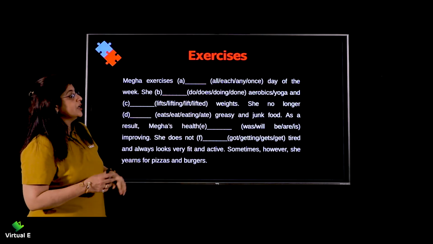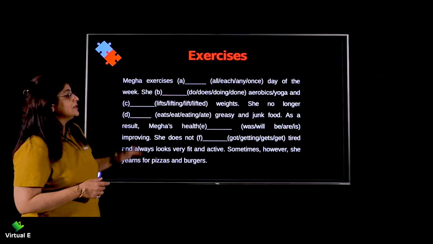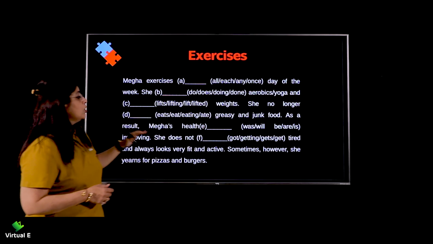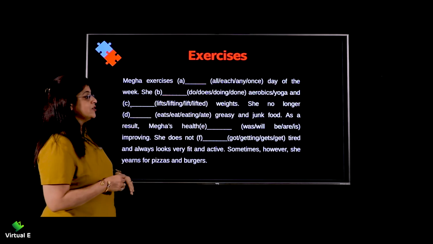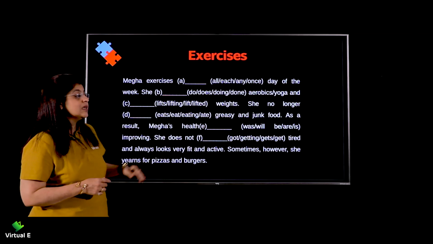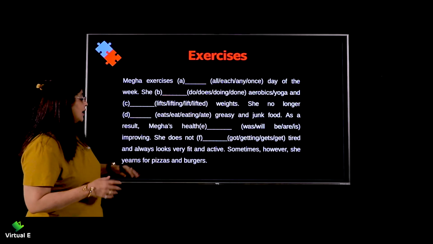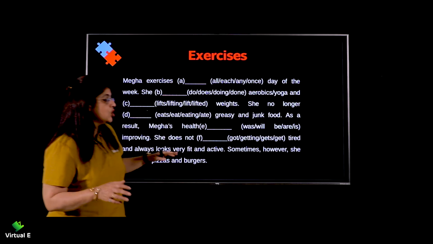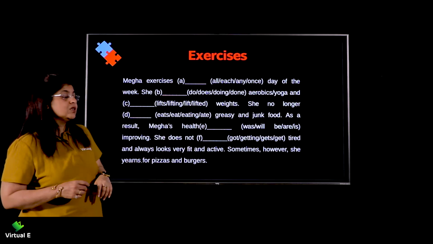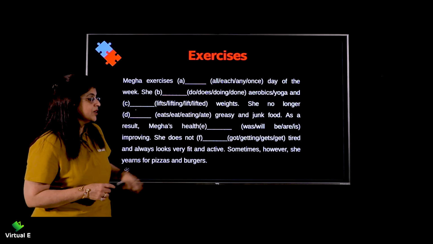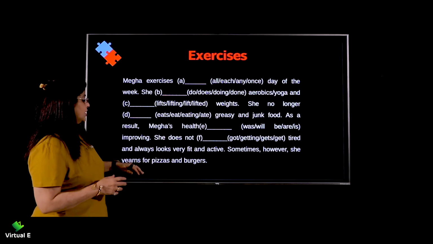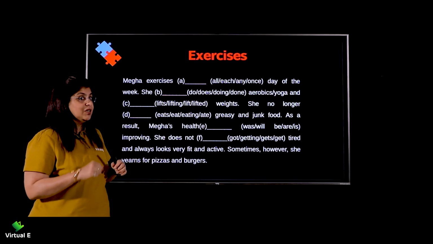She dash aerobics or yoga and dash weights. She no longer dash greasy and junk food. As a result, Megha's health dash improving. She does not dash tired and always looks very fit and active. Sometimes, however, she yearns for pizzas and burgers.